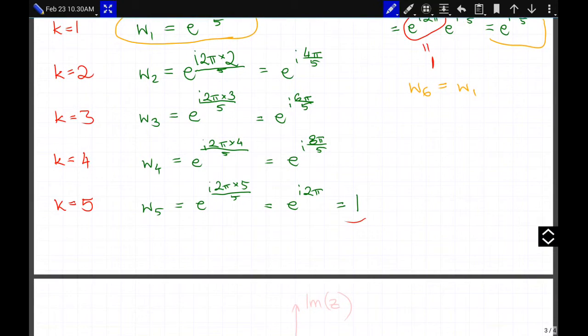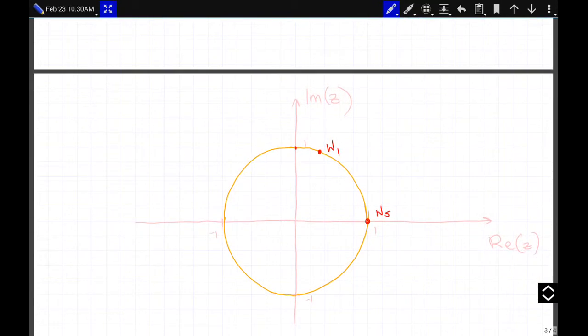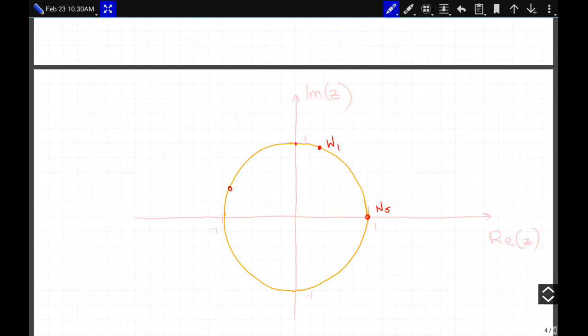Then we have w2, which is 4 pi over 5, so that will be somewhere in here, w2. Then w3 is 6 pi over 5, this is 5 pi over 5, and 6 will be somewhere in here, w3. And then w4 is 8 pi over 5, which is somewhere in here, w4.